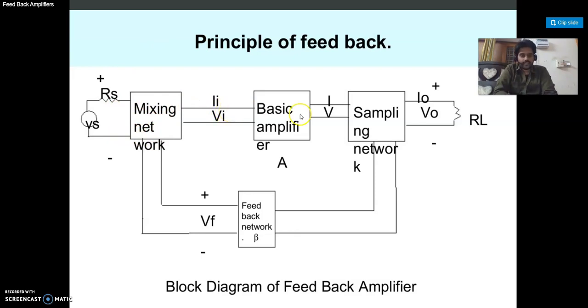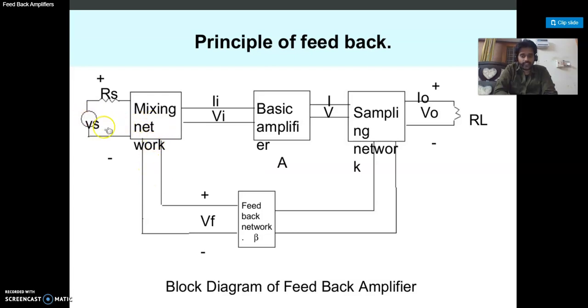It is very clear. The output from the amplifier is fed as input for the feedback, and the output from the feedback is fed as one of the inputs for the mixing network, whereas the other input is the general input or source input. Hence these two are going to be clubbed. As we are using negative feedback, both are out of phase.